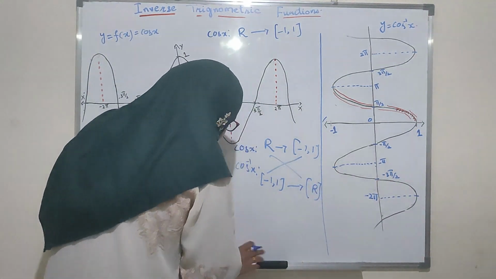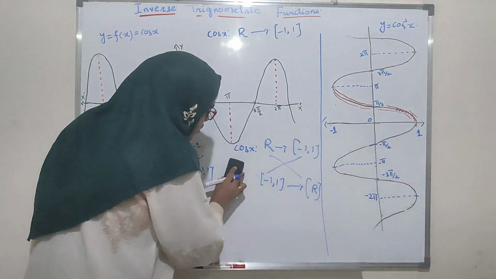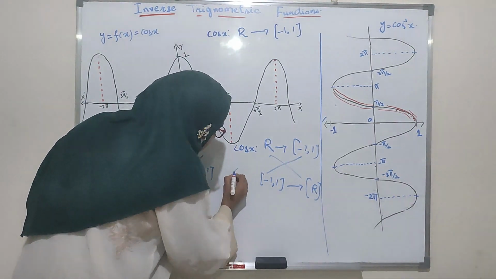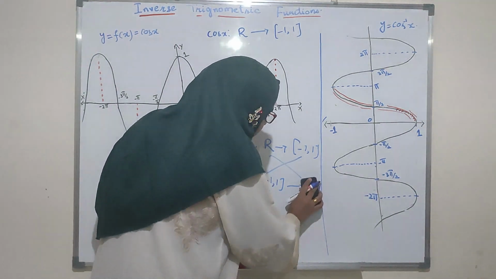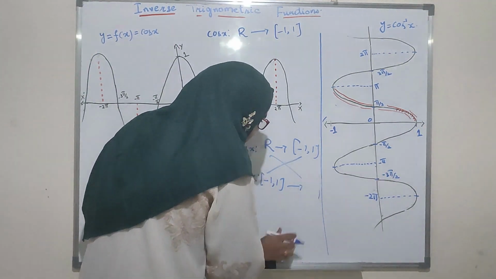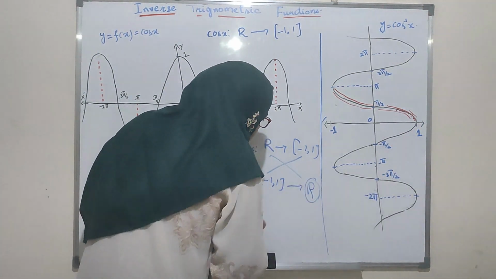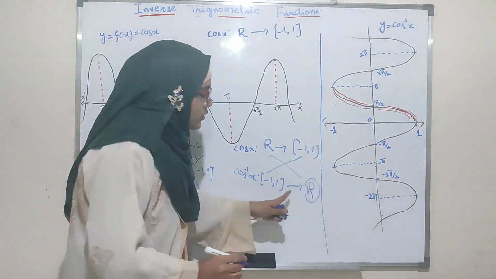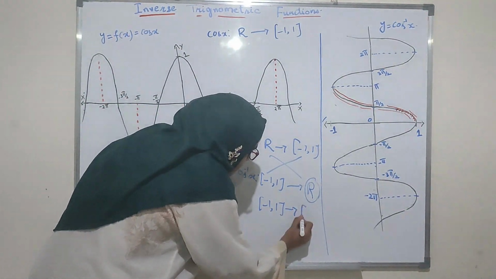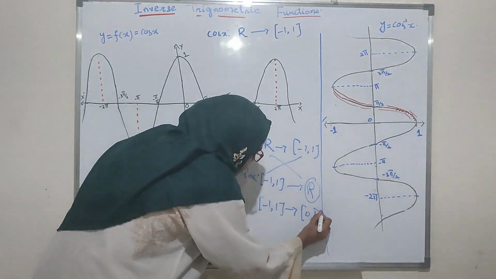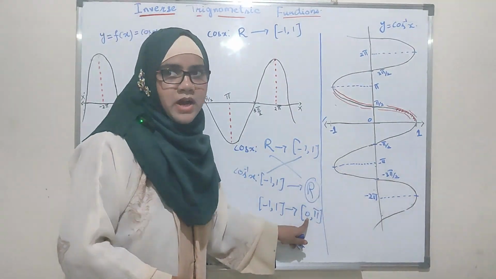But again, you know that we have imposed some restriction on this range value. So the range of cos inverse of x becomes 0 to pi.